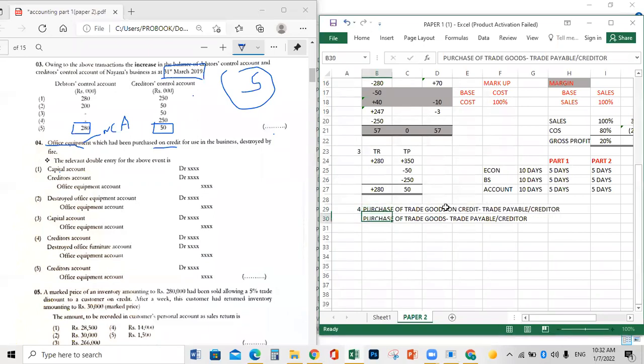Guys, remember, only when you purchase trade goods on credit, you create trade payable or creditor. When you purchase non-current asset on credit, you don't create trade payable or creditor.